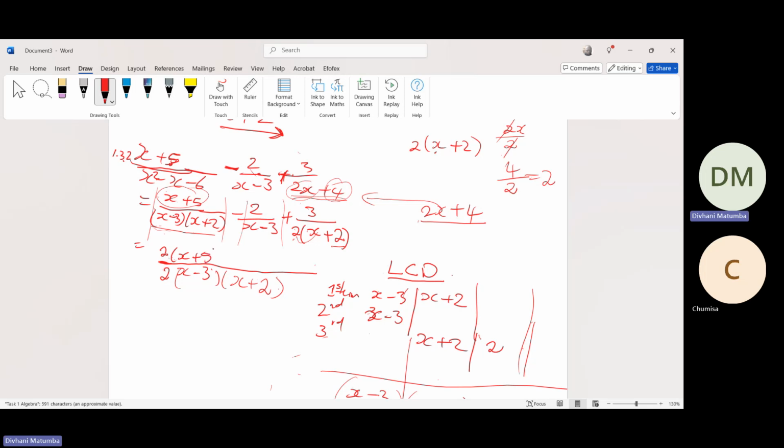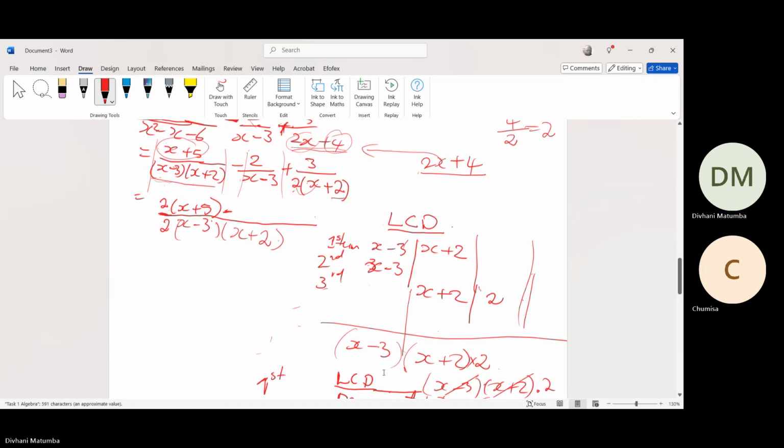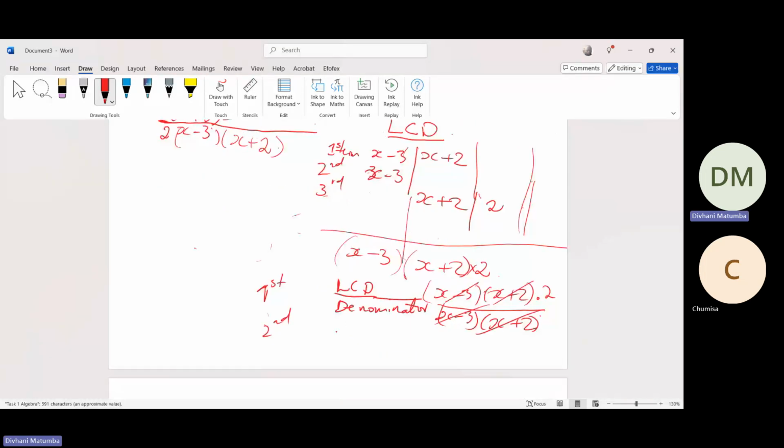So you're going to take that 2 and multiply it with that term, x plus 5. You're going to do the same thing on the second term as well. It's going to be minus. Then you take the LCD, x minus 3 times x plus 2 times 2, divided by the denominator of the second term.